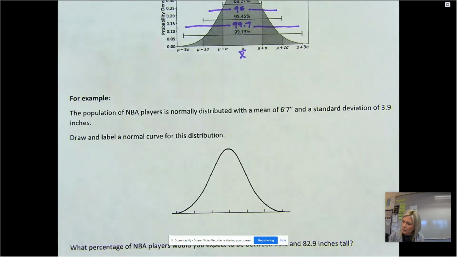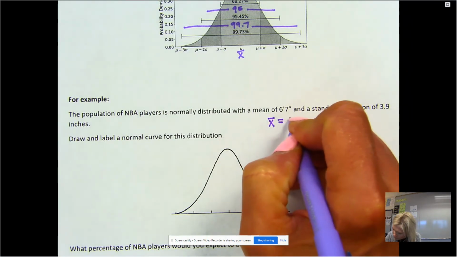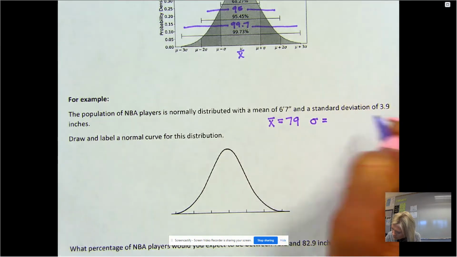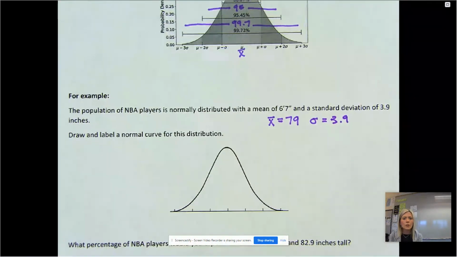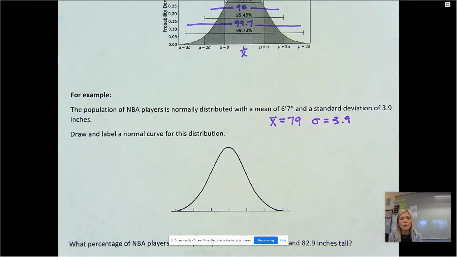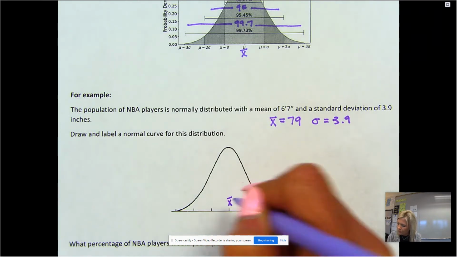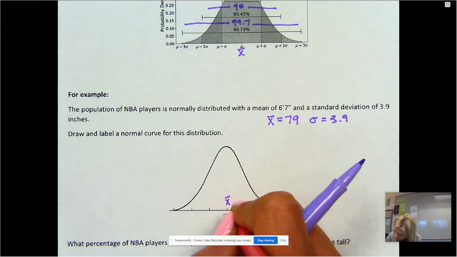So for this example, our mean is equal to 79, and standard deviation is equal to 3.9. Okay, so if we're going to draw and label a normal curve, well, I already drew it, but the mean always goes here in the middle. And so our mean is 79.